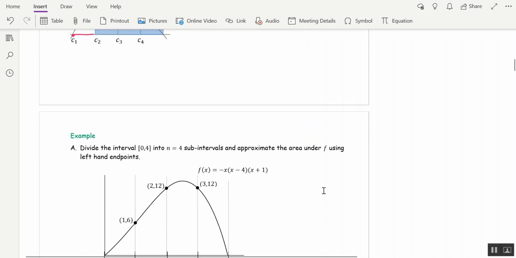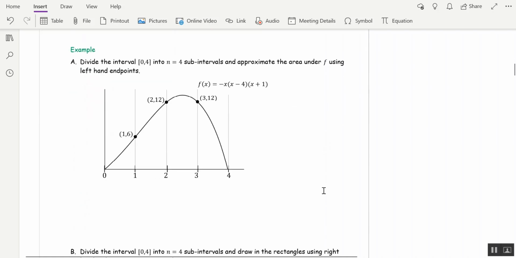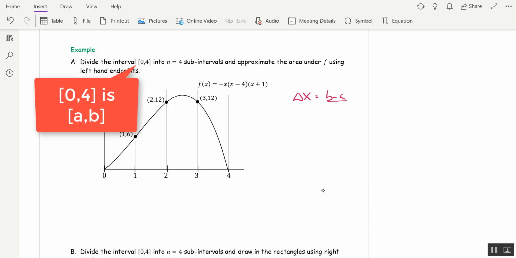Okay, so let's practice doing this by hand with some actual examples. Divide the interval from 0 to 4 into 4 subintervals and approximate the area using left-hand endpoints. The formula for delta x, that's the width of each subinterval, is b minus a over n.